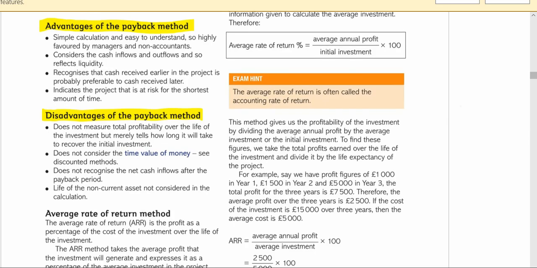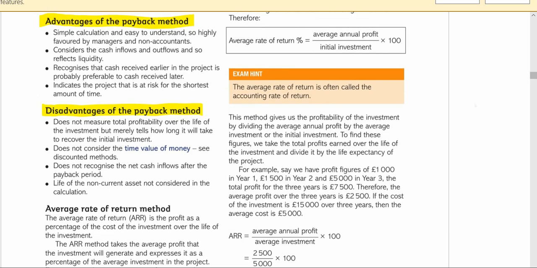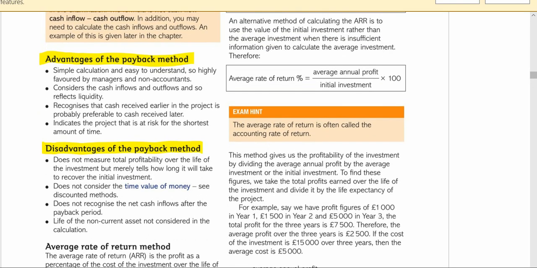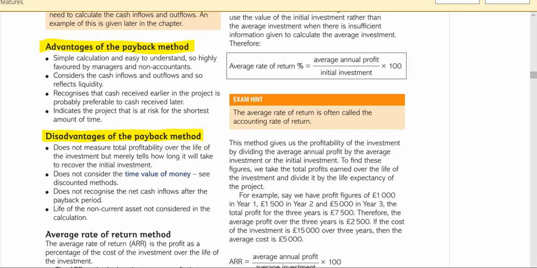If you are unable to understand some particular terms, then you may say so, and in the next class I will explain the advantages and disadvantages too. Okay, let's move to the next one. Let's discuss thoroughly.